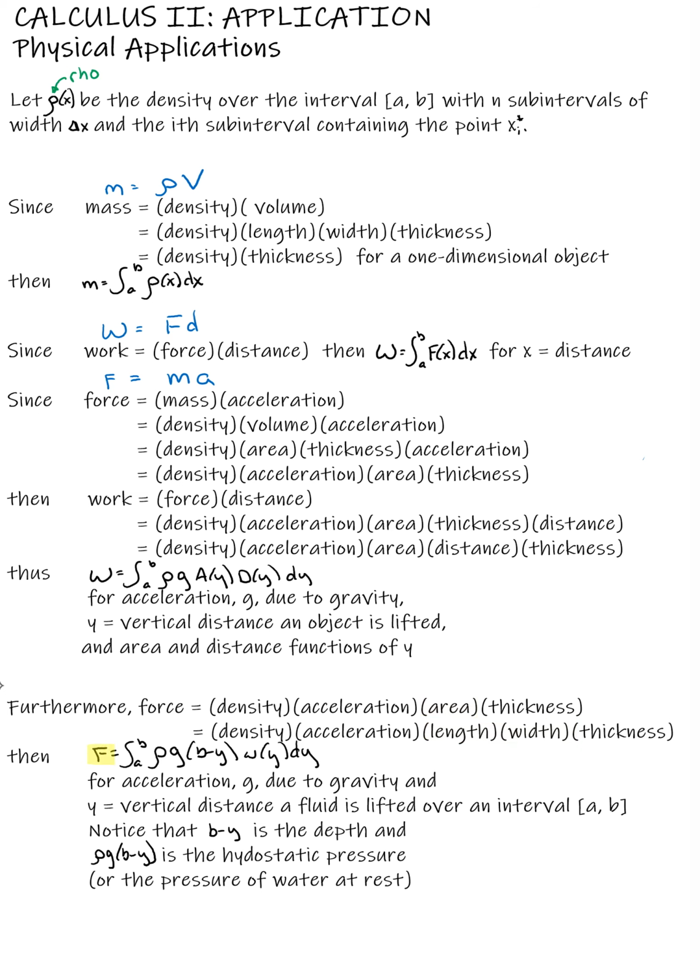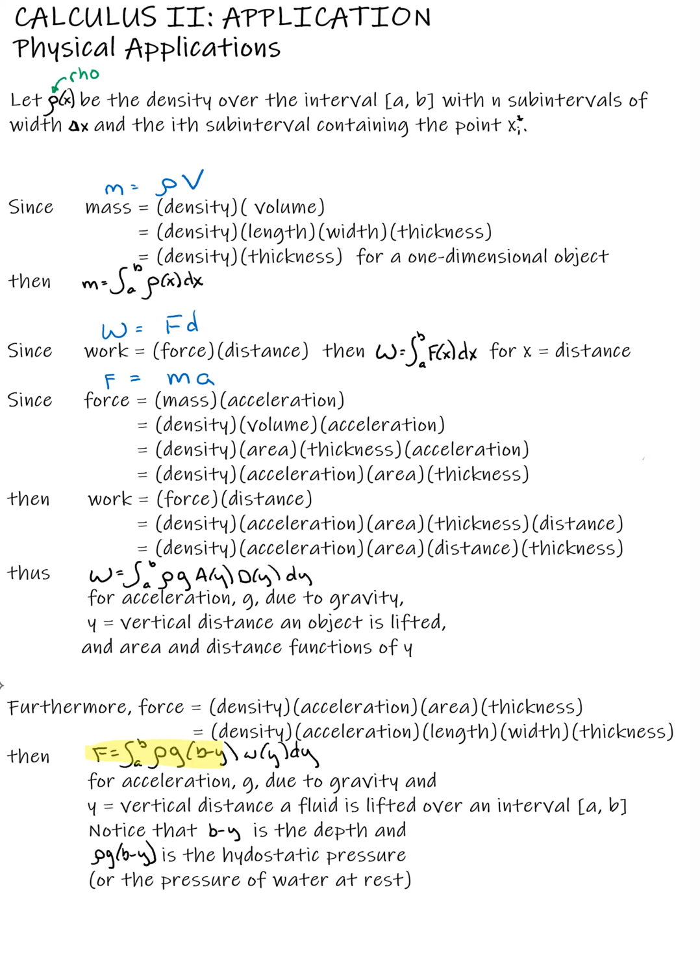So force is the integral from a to b of our density, which is denoted by rho, times acceleration, again due to gravity, so I'll denote that g. Now our length is b minus y. So that b minus y is the depth of what's going on here.